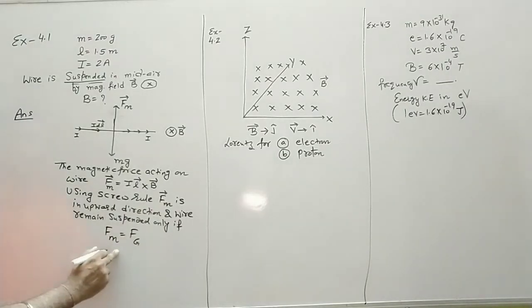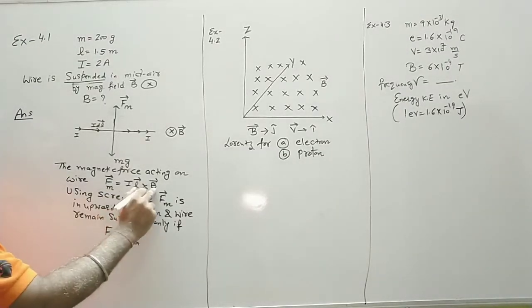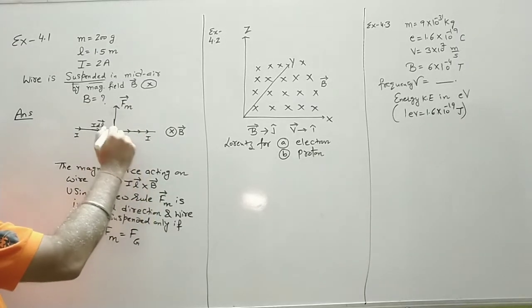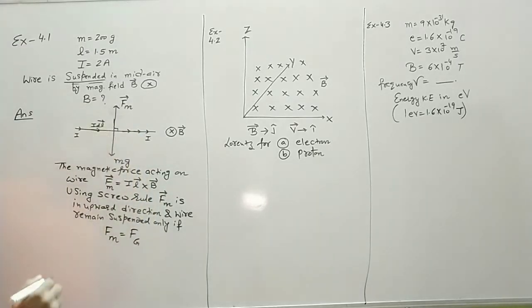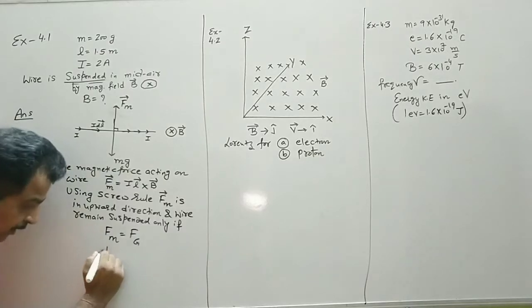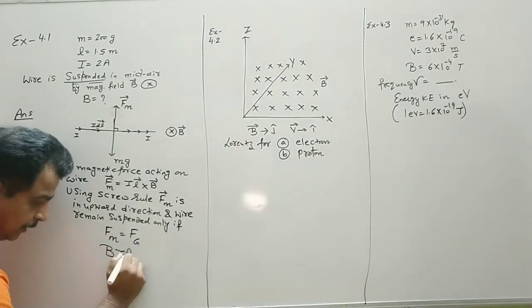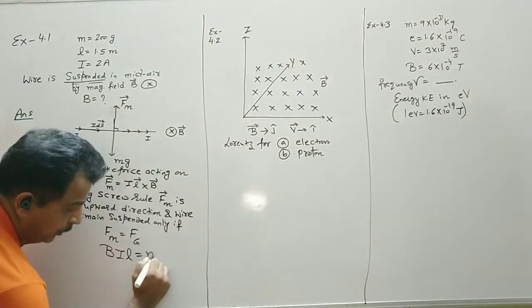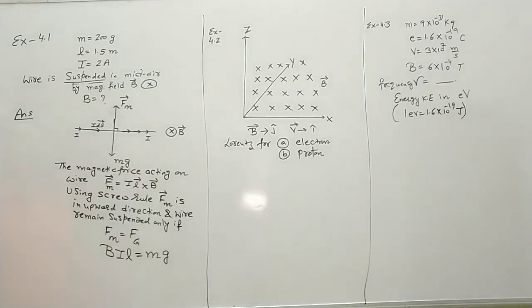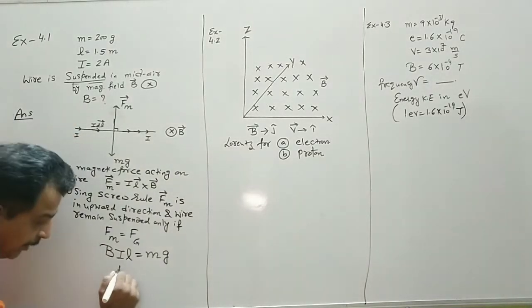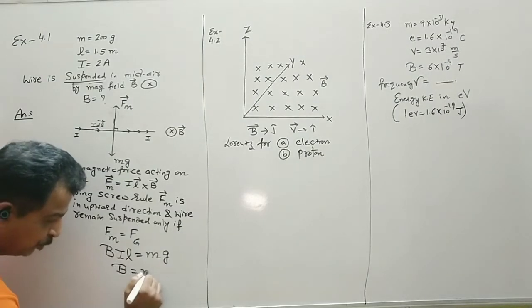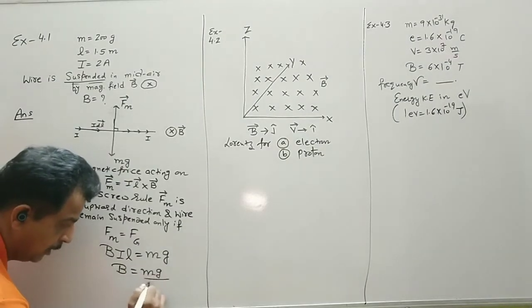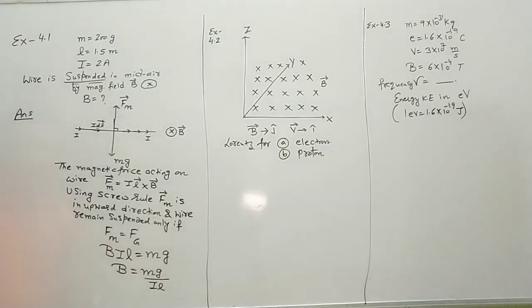Now Fm is IL cross B, the angle between them is 90 degree, sin 90 is 1. So the magnitude of the magnetic force is BIL, that is equal to mg. We have to determine only the magnitude of the magnetic field. So B is equal to mg upon IL.